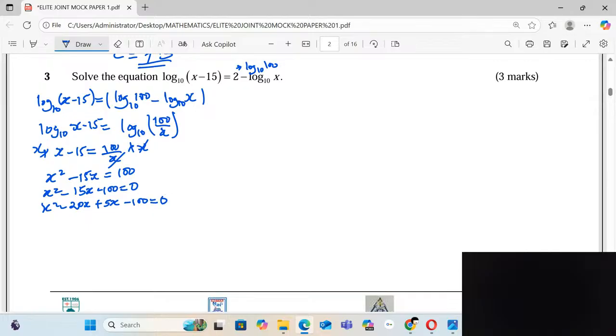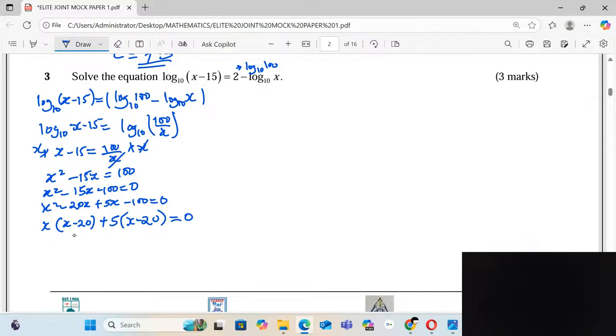So we factor out this one. We have common, which is x into x minus 20. Then we have plus 5 into, we factor out 5, which is common, into x minus 20, which is equal to 0.